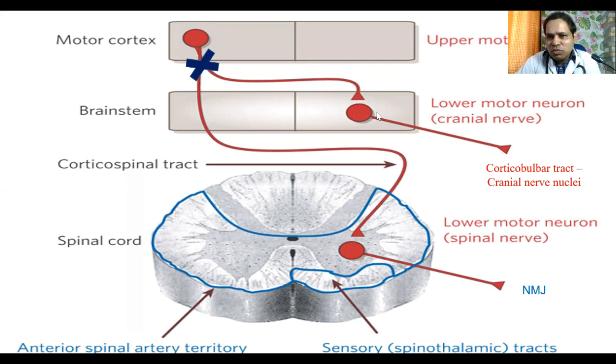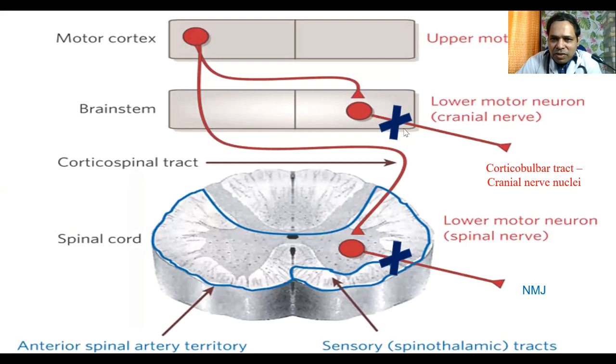This one goes to your cranial nerves, and this one goes to the neuromuscular junction. Now, as I told you, in the lower motor neuron you may get a lesion somewhere here, from the brainstem, the cranial nerve nucleus, and from there the cranial nerves. Or you may get a lesion here, in your spinal nerves. You have two lower motor neurons here.